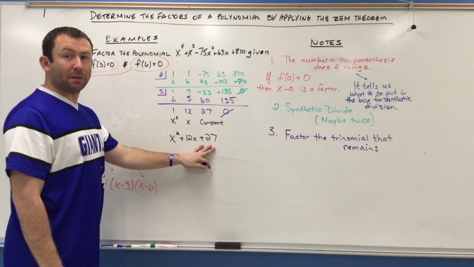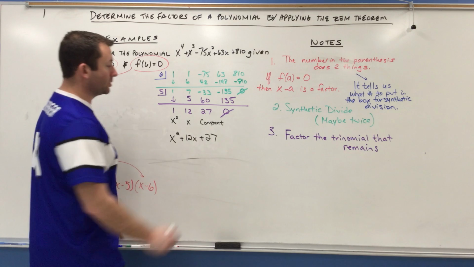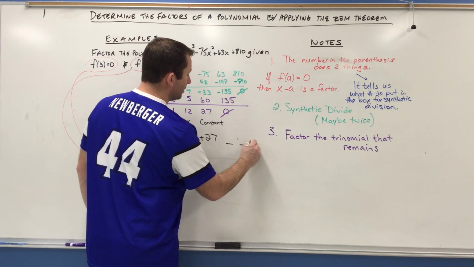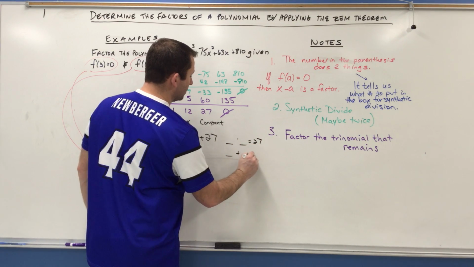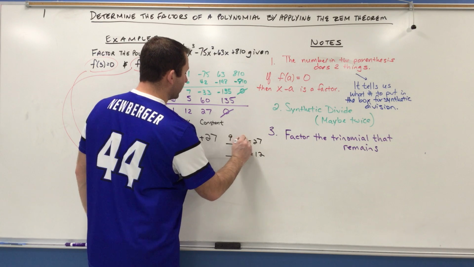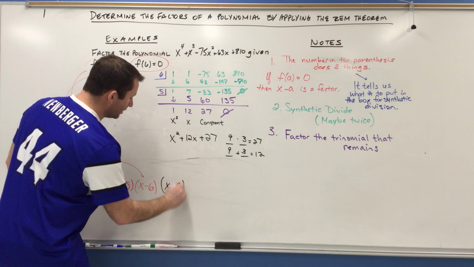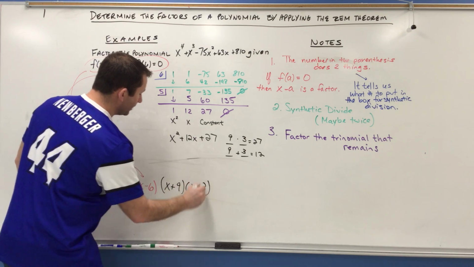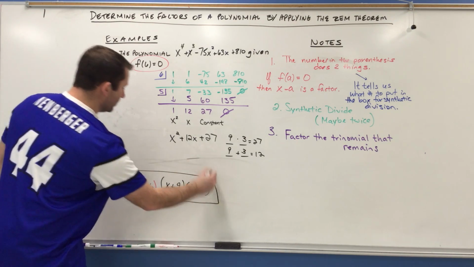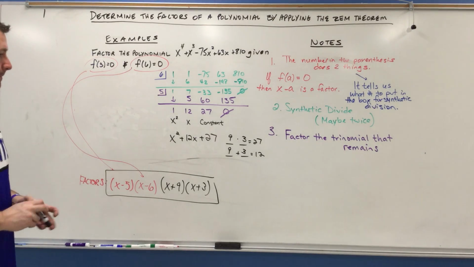What two numbers multiply to be 27 and add up to 12? We get a 9 and 3. So our last two factors, x plus 9 and x plus 3. And this is our answer there. Cool?